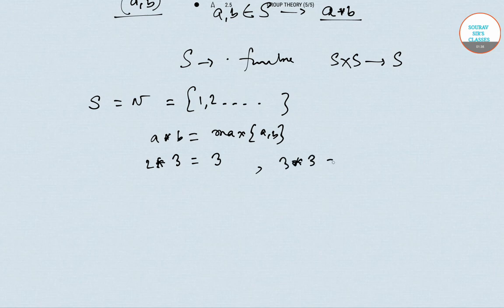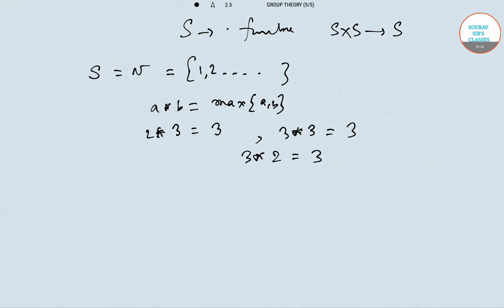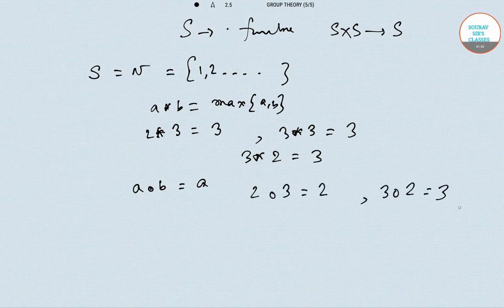And 3, 2, the ordered pair, also gives you 3. We can also define our binary operation as A star B is A. So 2 star 3 is 2, 3 star 2 is 3. The first value becomes the answer. This is a way to define it.